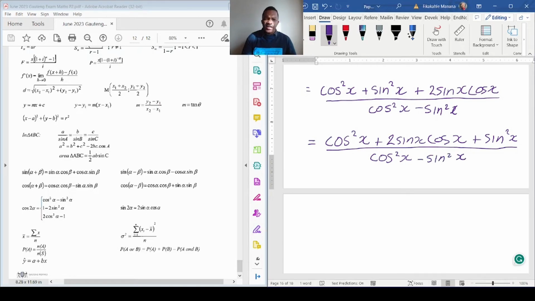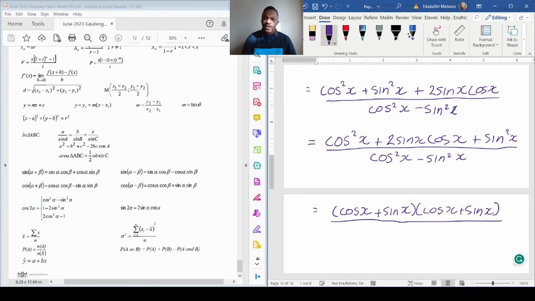So if I look at the top, factorizing this one, this is really cos x plus sine x times cos x plus sine x. If I multiply this out and expand it, it will become exactly that.